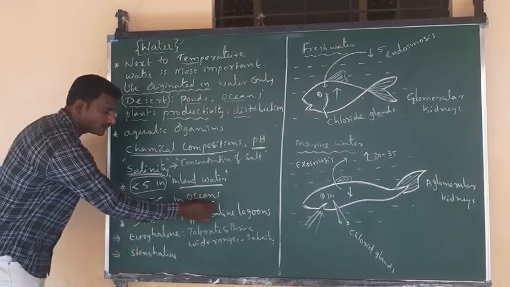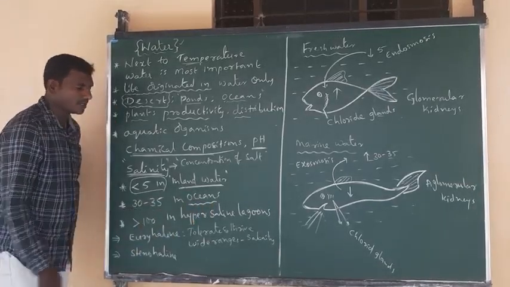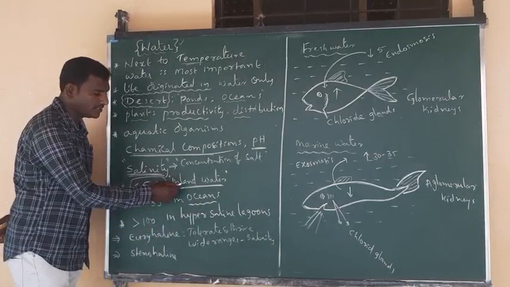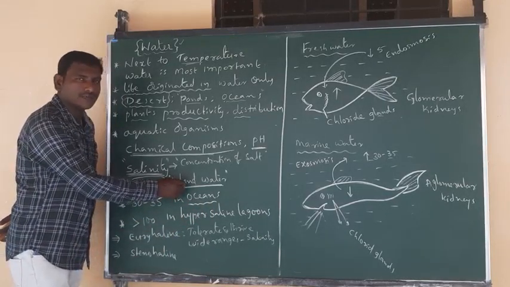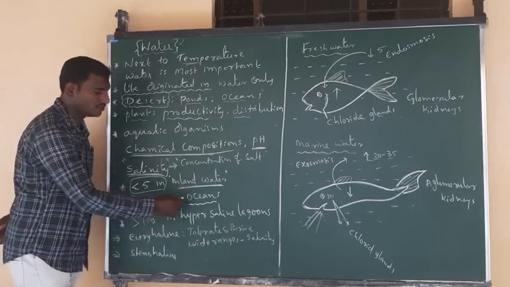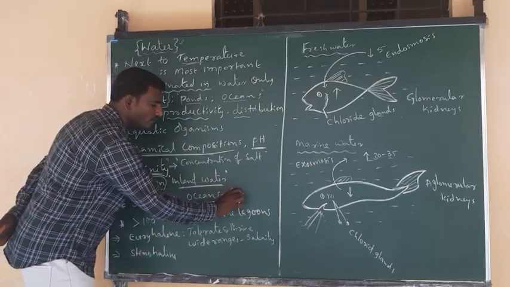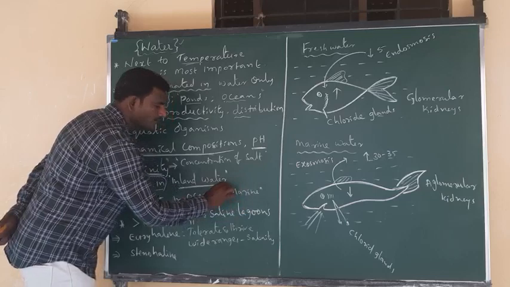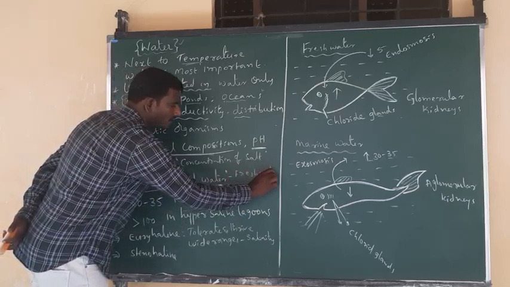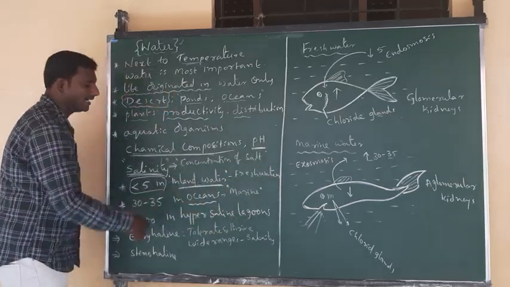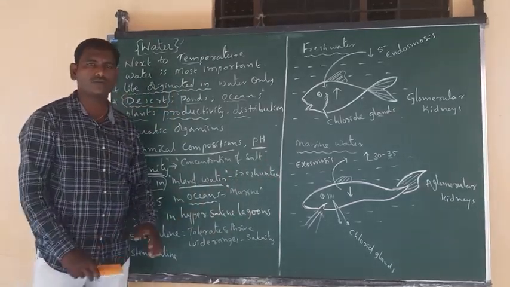Whereas in the case of oceans, compared to fresh water, the water bodies present on land are simply called freshwater bodies.